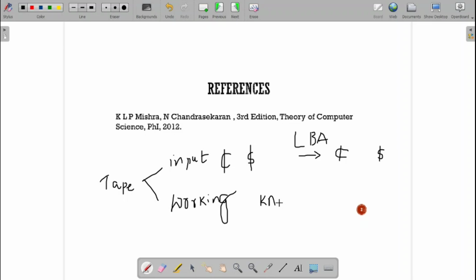This is a simulation of the non-deterministic Turing machine, for which we may have k such options. That's why the length of the working tape will be k into n. The restriction for the read-write head is that the head can move only in the right direction on the input tape, but it is not the case for the working tape. In the working tape it can have any movement, but for the input tape it should always move towards the right side.